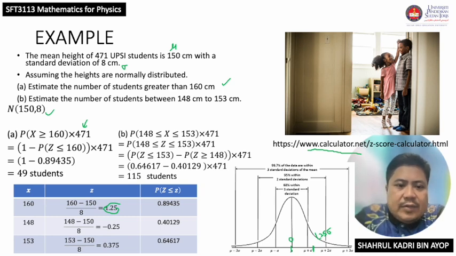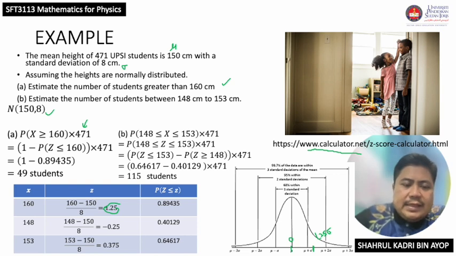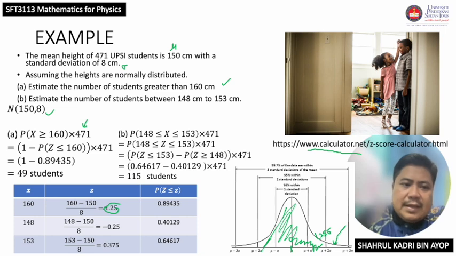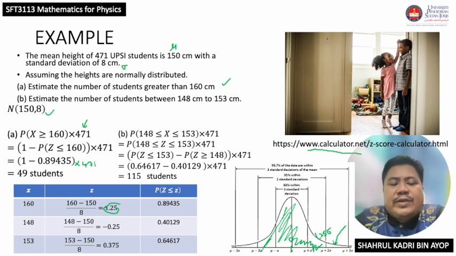All right, so when you use the calculator, you will get the probability of 0.894 and so on. But you want to calculate this upper probability, that means you subtract it from 1, and multiply by 471. So you get 49 students higher than 160 centimeter.